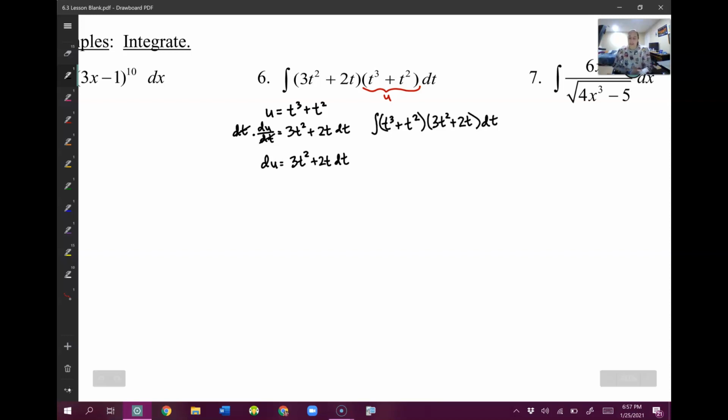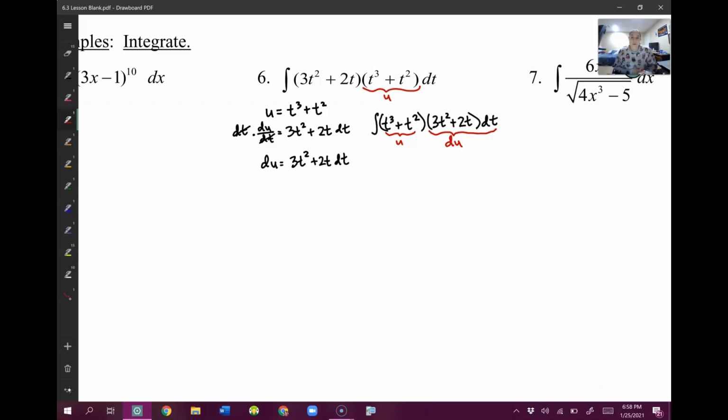Now the reason I did this is because now we can see right there, there's my u. Well, right here, all of this, look. So 3t squared plus 2t dt, 3t squared plus 2t dt. All of that is du.